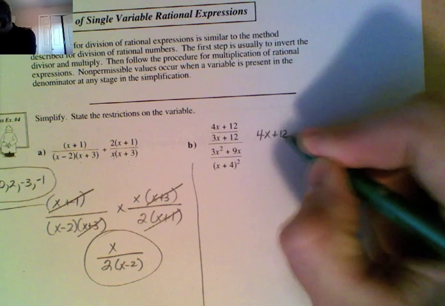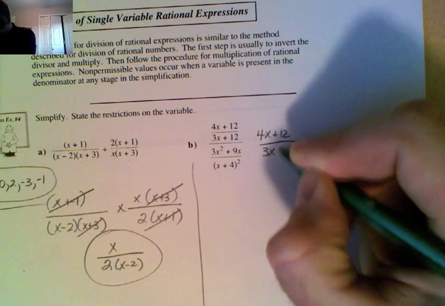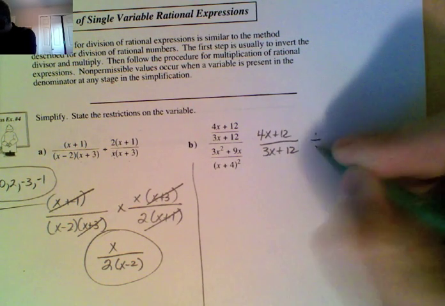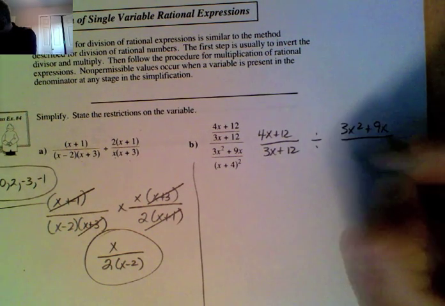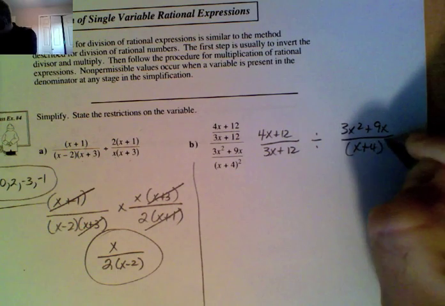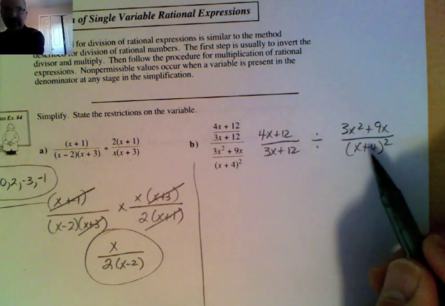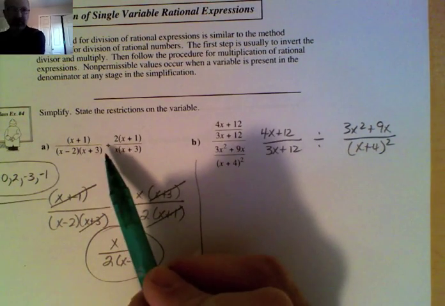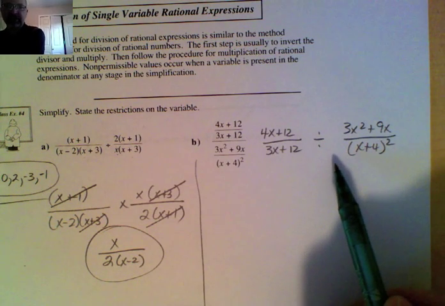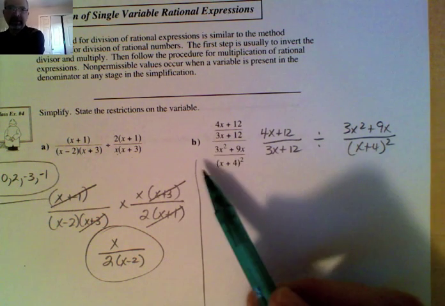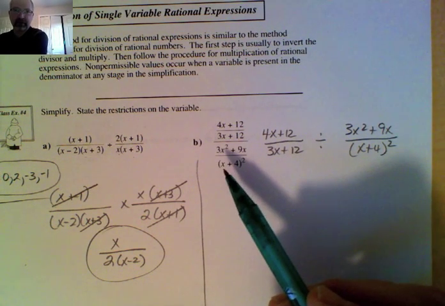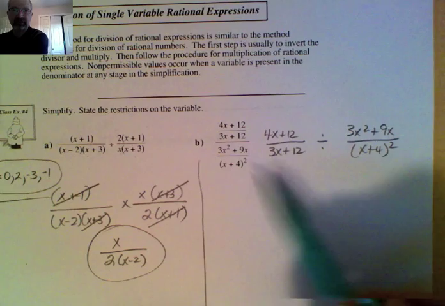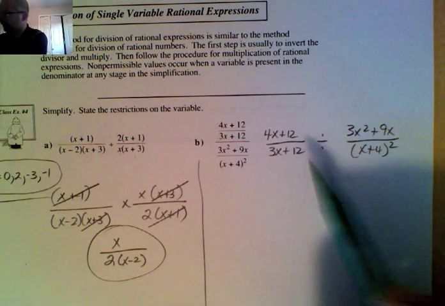It's 4x plus 12 divided by 3x plus 12, divided by 3x squared plus 9x over x plus 4 squared. So that looks exactly like this first question. We've just written it in a less complicated way. They're trying to freak you out and scare you with this first expression, but don't get freaked out. It's just a fraction divided by a fraction, and we can rewrite it.